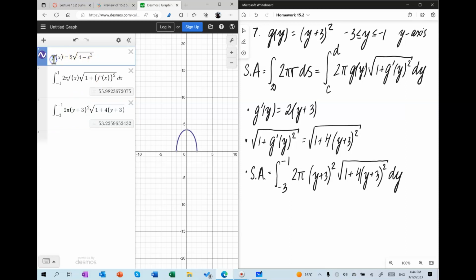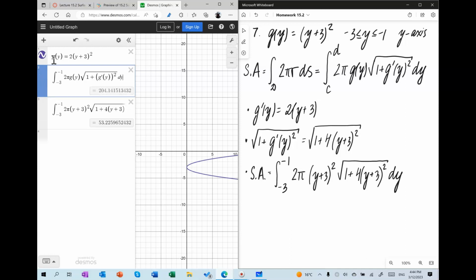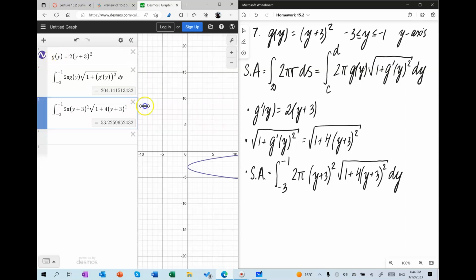Alternatively, we can define a function g of y in terms of y, and we can set up this integral without manually computing all these ingredients, and we should get the same exact answer, which we're not getting, because I don't have the answer to that question.